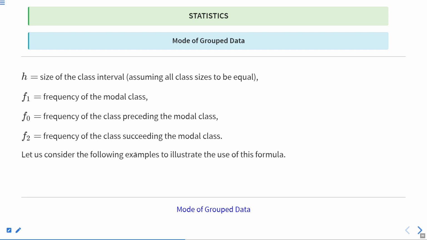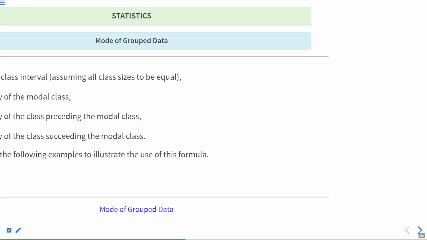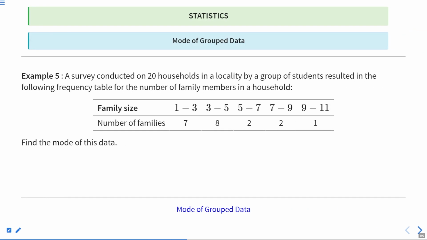Now let us consider the following examples to illustrate the use of this formula. Let us discuss this example.